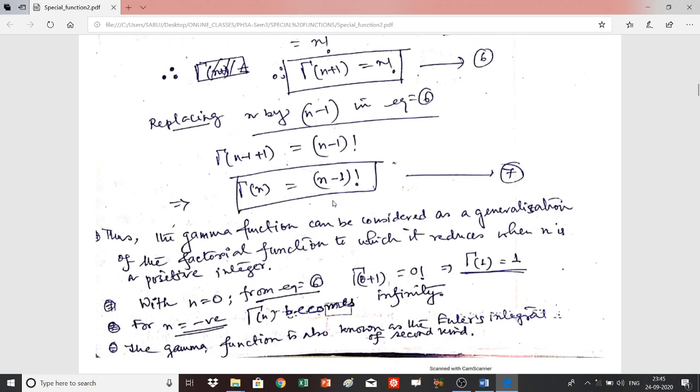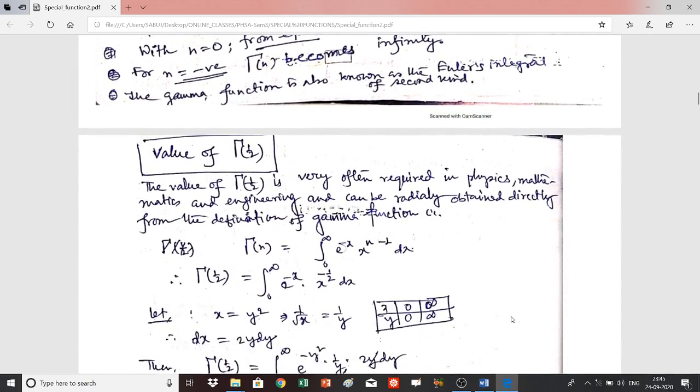Now using relation 6, if you use n equal to 0 in this relation, then gamma of 0 plus 1 is equal to 0 factorial. That means gamma 1 is equal to 1, which has already been calculated. For negative values, gamma n becomes infinity. Just note this, another name of the gamma function is Euler's integral of the second kind.